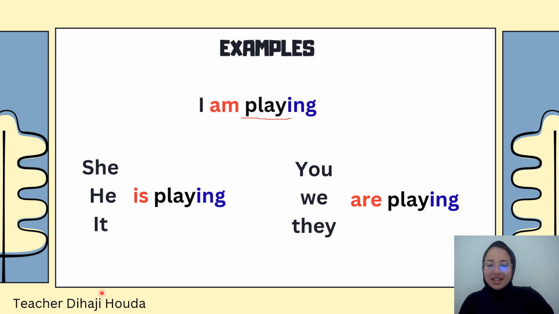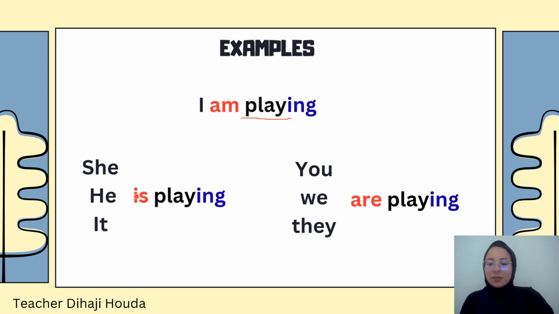Then, as you can see, we started with the subject I, then we added am, which is what? It's the verb to be, excellent. Then play, the base form of the verb, plus ing. Never forget ing, okay?